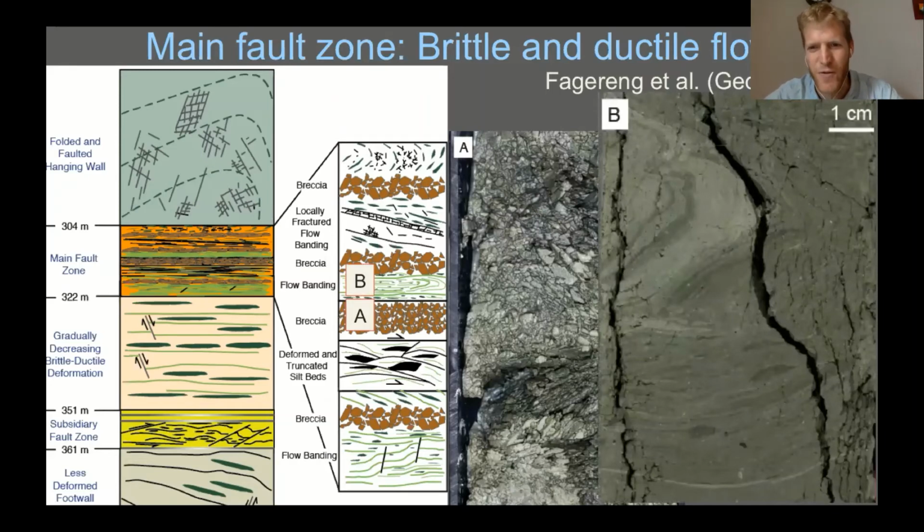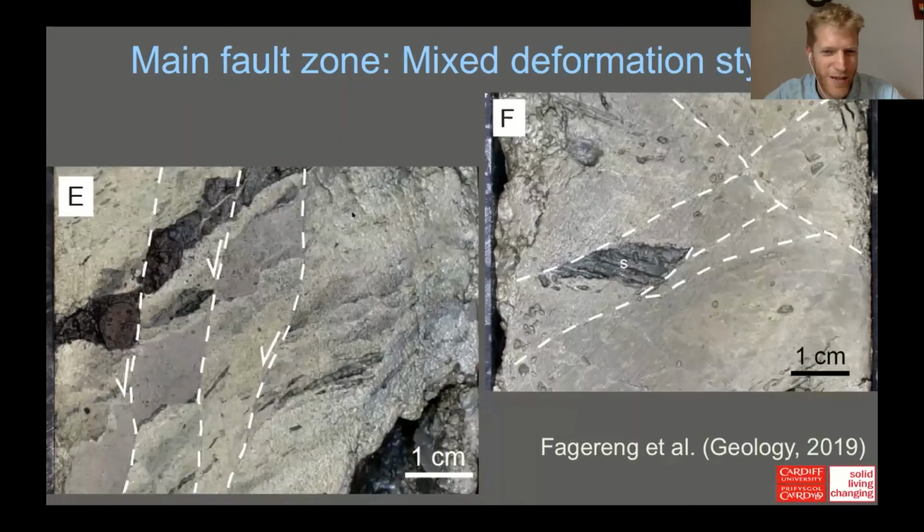So this fault seems to be a mix, and you can see that in more detail in these images, where you have some sheared folded rocks that are cut by fractures, again here. So while you would expect or often think of a fault as a planar fracture surface, these faults are much more complex than that, and basically contain a mixture of rocks that have seen flow and rocks that have seen fracture.